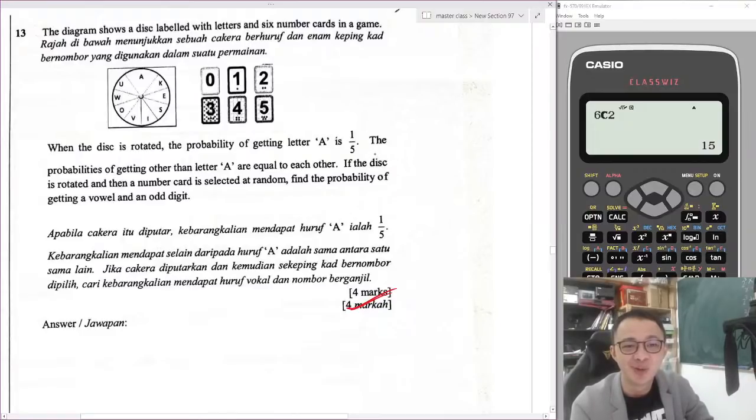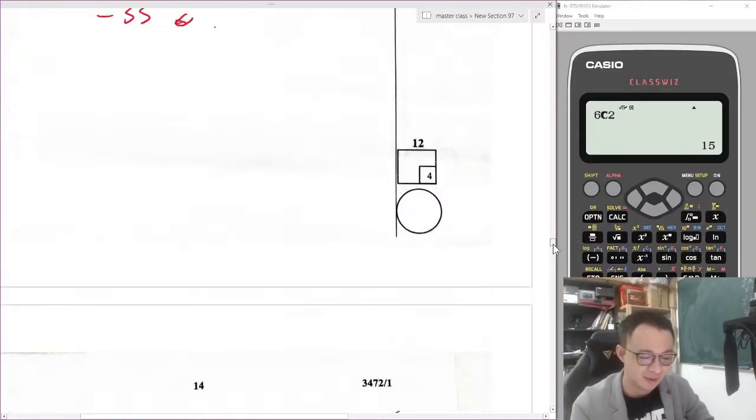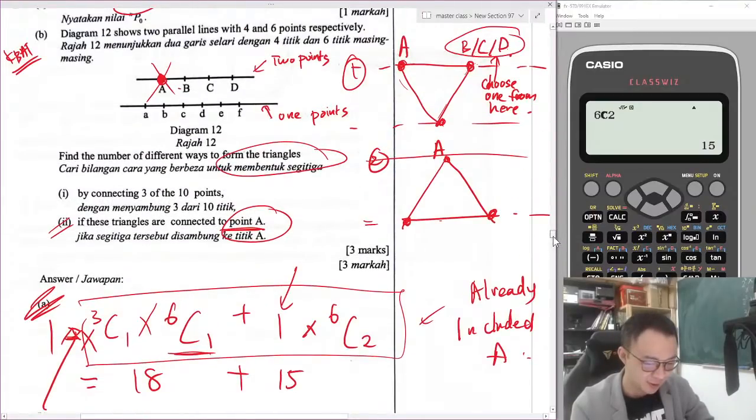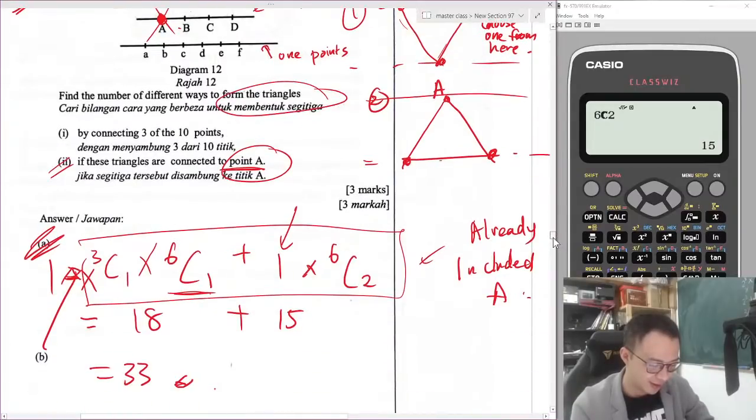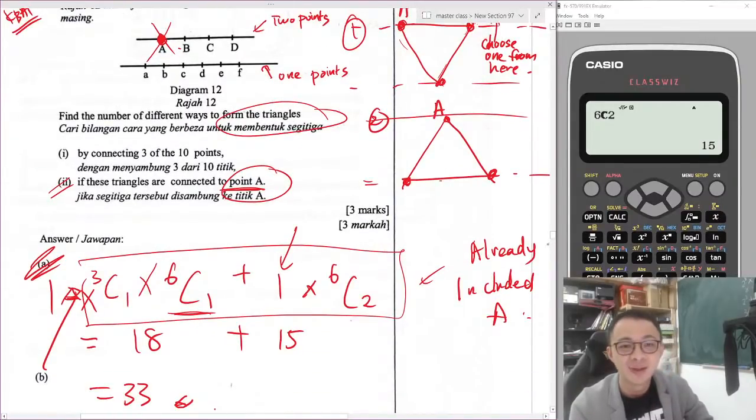Why is question 12 not 6C1 but 6C2? Which one? You mean for part 1? Yeah, part 1 over here we will do 6C2.